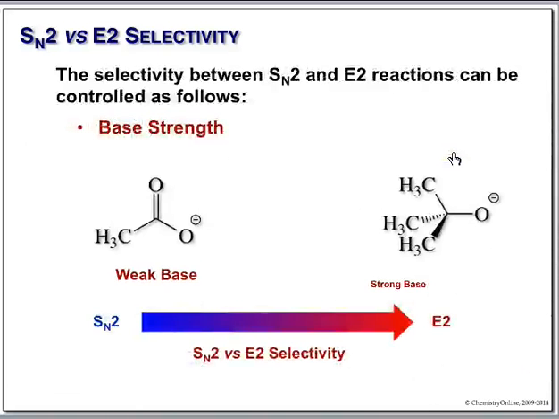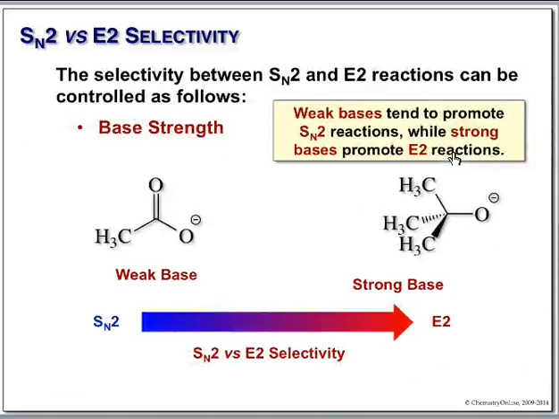The other thing you can do in terms of our base strength, if we have a weak base, you're probably more likely to get Sn2. But again, the one thing I want you to remember is tert-butoxide, E2 reaction.